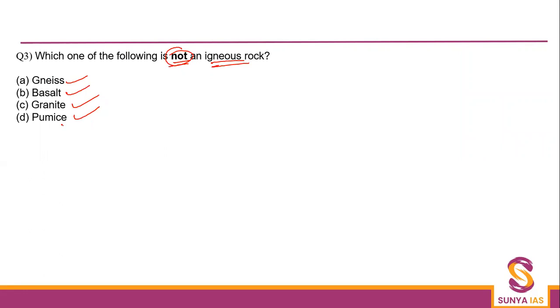Now pumice is nothing but a volcanic rock. This volcanic rock is also called pumice. Pumice comes from volcanoes, so it is an igneous rock, so it will not be the answer. Granite, we had seen, is also an igneous rock.